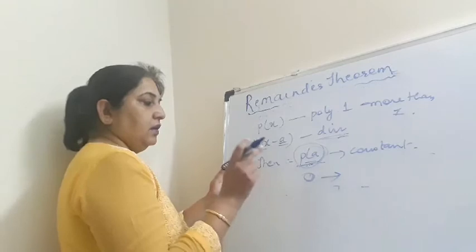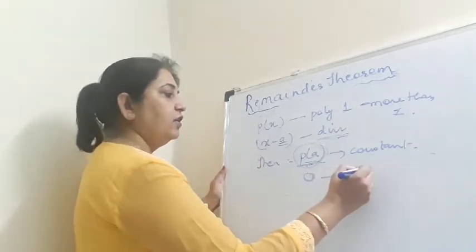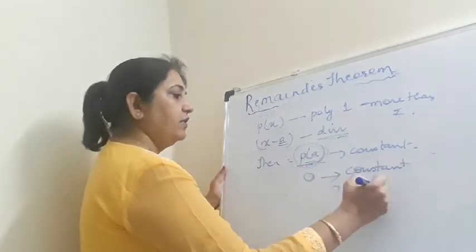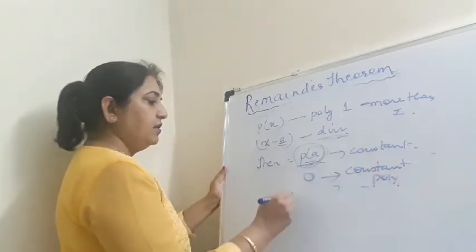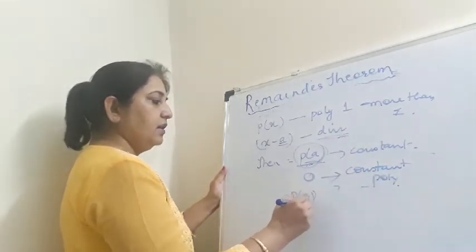Whose degree is 0? The degree of the constant polynomial is always 0, and therefore the remainder will always be a constant number.